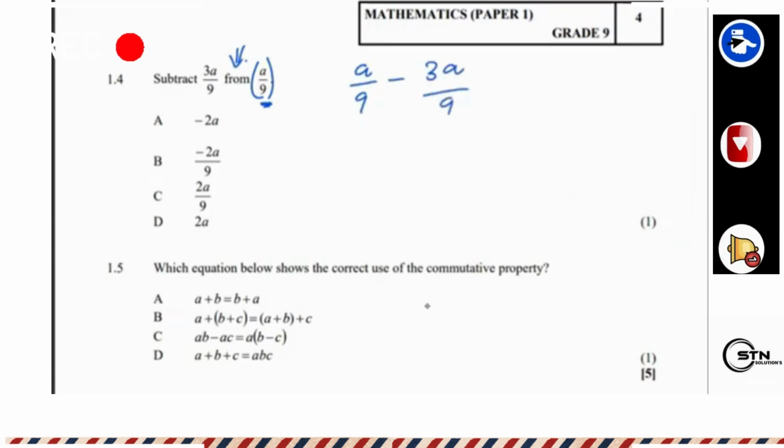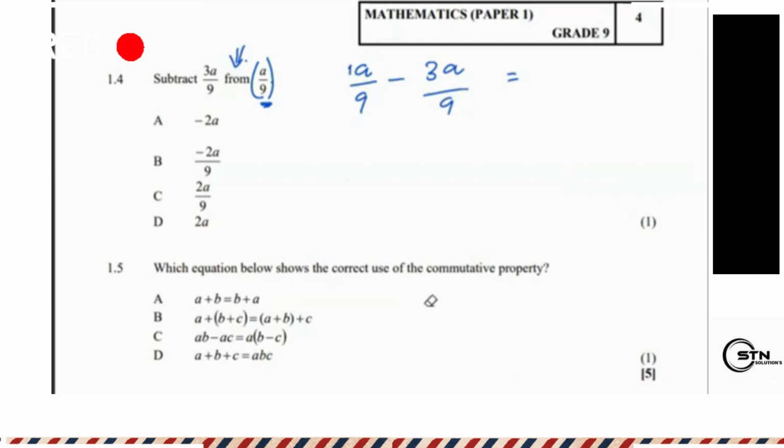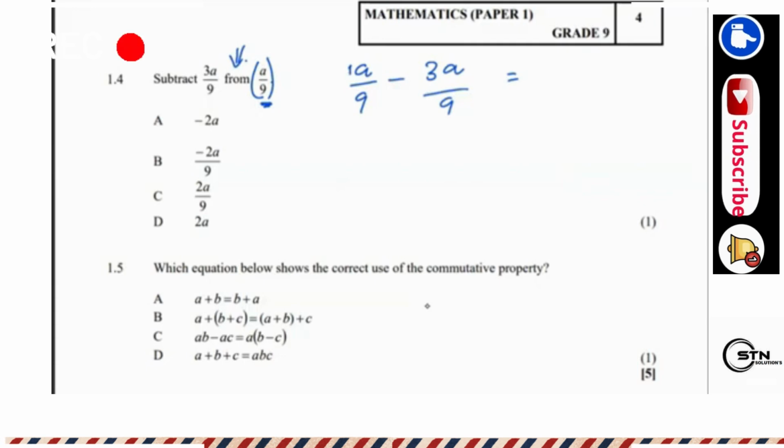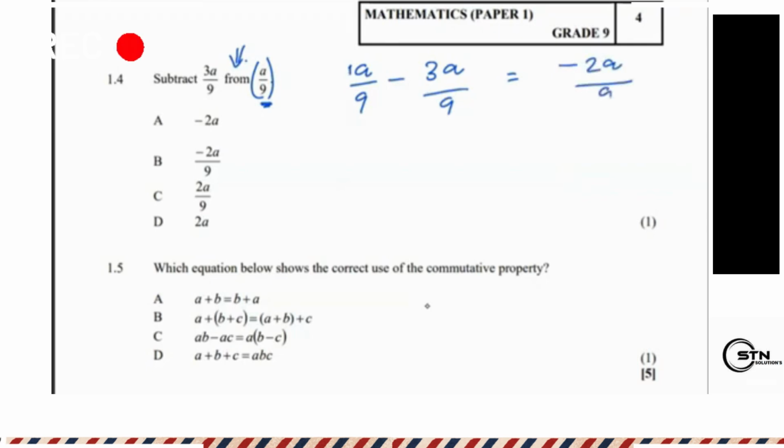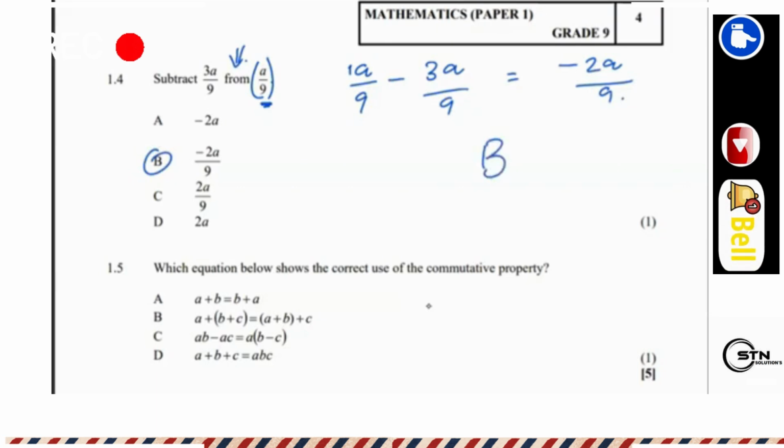Now we can see that the denominators are the same, so let's go ahead and subtract the numerators. We know that this a is just more like a 1a. We normally use the invisible one, but I don't prefer putting it there, okay? So let's just look at it as a 1a minus a 3a, which must give us a negative 2a. Everything is over 9. So the correct answer is option B once again, okay?